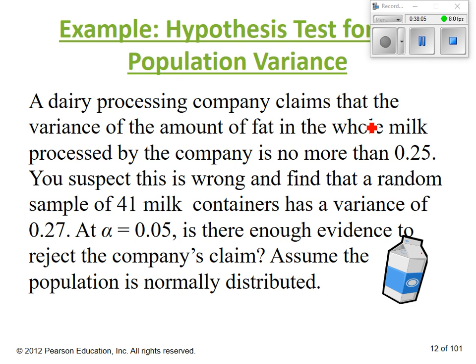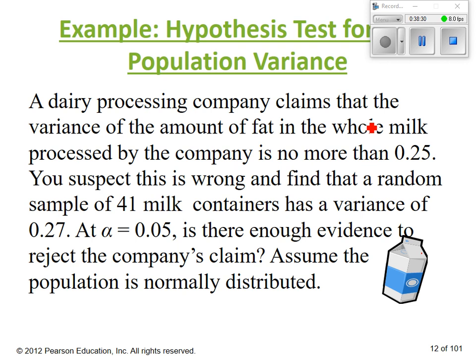Then put it in the formula. Then we've got to find the chi-squared value, right? What was on top for the chi-squared? n minus 1, so 40, times the variance. Did they tell us the standard deviation this time? Or not standard deviation, did they tell us the variance this time?